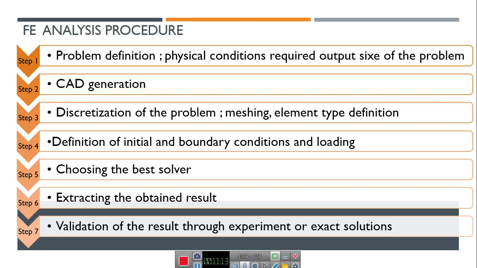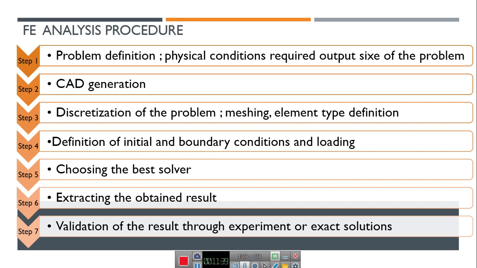For example, we have a lot of solvers based on different problems. In a static case, we use an implicit solver, or in a dynamic case, we can use an implicit solver and also an explicit solver. It depends on the degree of complexity of the geometry and also the degree of complexity of the loading.